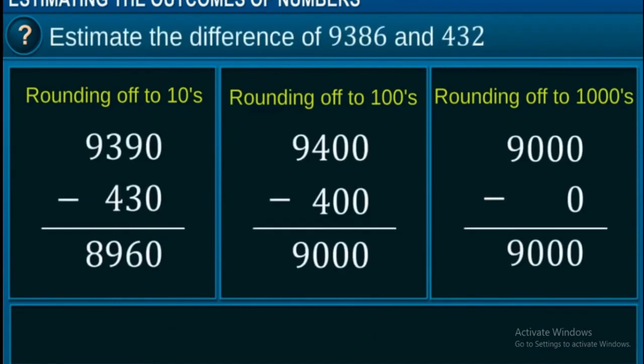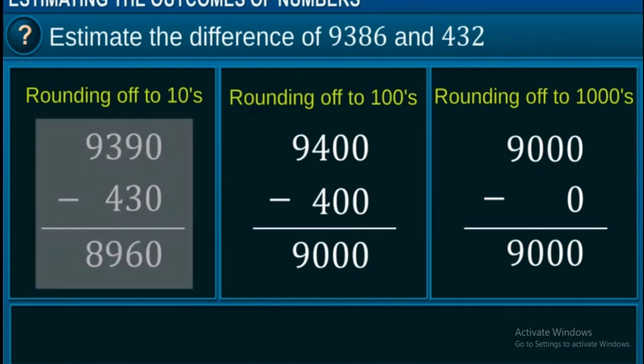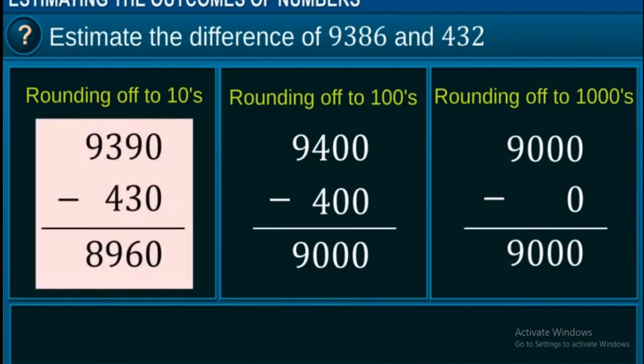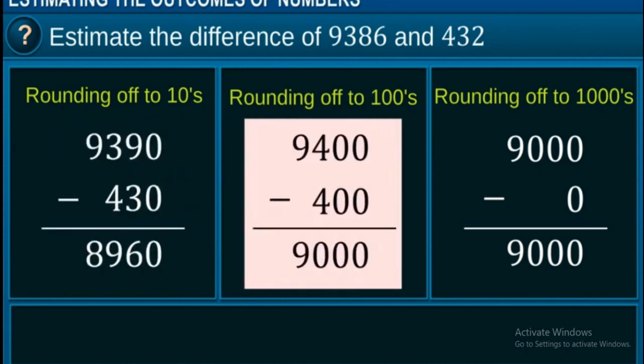Similarly, the difference between these two numbers can also be estimated. On rounding off to the nearest tens, the estimated difference is 8,960. Rounding off to the nearest hundreds, the estimated difference is 9,000.